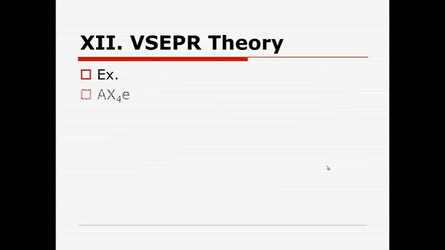Okay, AX4E. This is based off of AX5. Four bonds plus another pair. So the question is, this is AX5. Which one of these atoms should I take off?